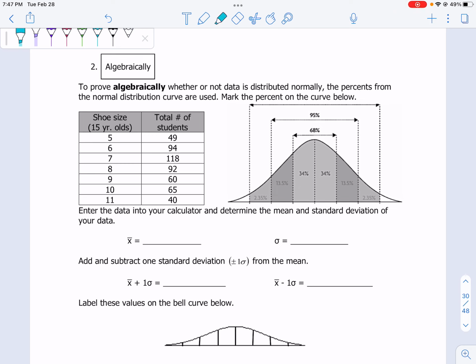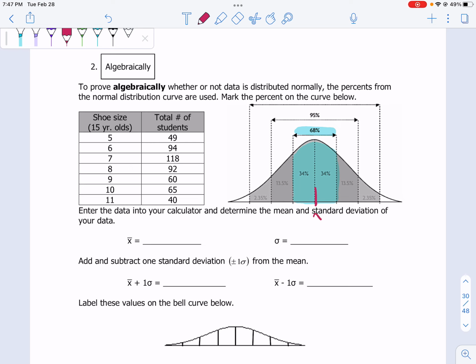So the key thing here that we're going to use is that if data is normally distributed, it follows this nice bell-shaped curve, but specifically, we are going to see if our data also has 68% of data values lie between one standard deviation below the mean and one standard deviation above the mean.